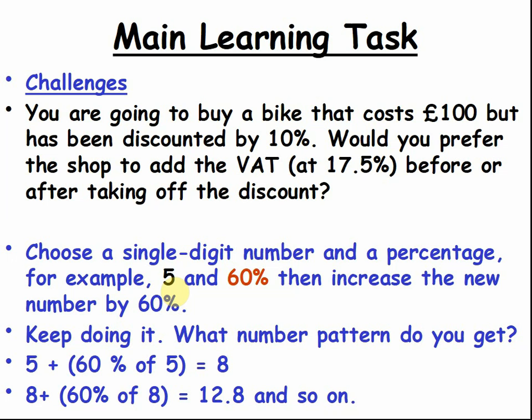Choose a single digit number and a percentage, for example 5 and 60%, then increase the new number by 60%. Keep doing it. What number pattern do you get? 5 plus 60% of 5 equals 8. 8 plus 60% of 5 equals 12.8, and so on. Pause the video and solve the problem.